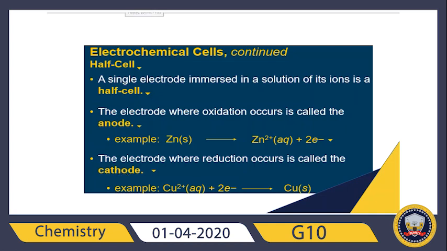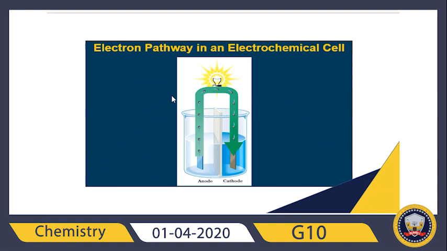So guys, what about the movement of the electrons through the electrochemical cell? It will always be from the anode to the cathode. Why? Because the anode is the place where oxidation takes place, and when a certain atom or substance is oxidized, it will release electrons.